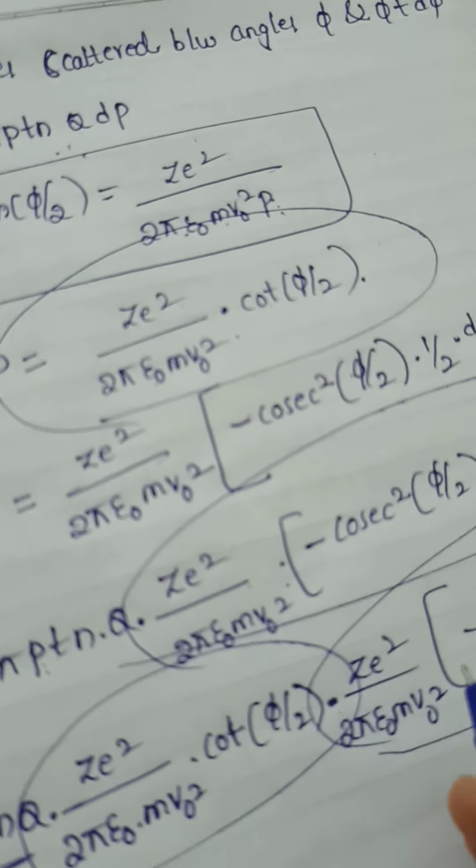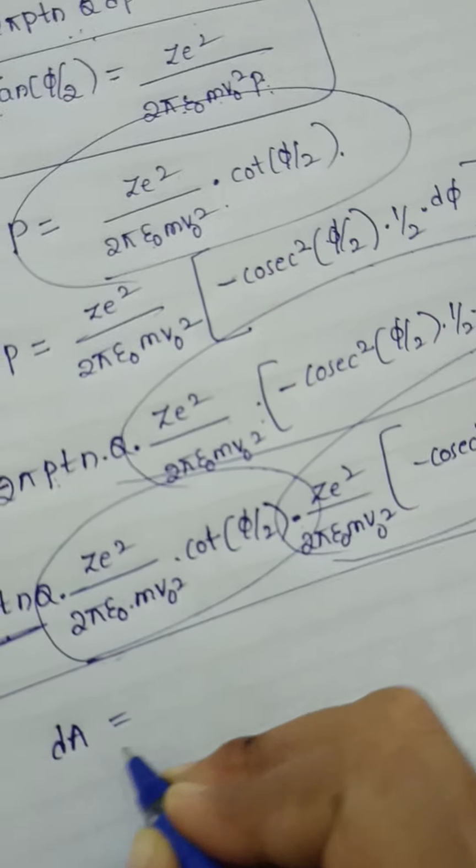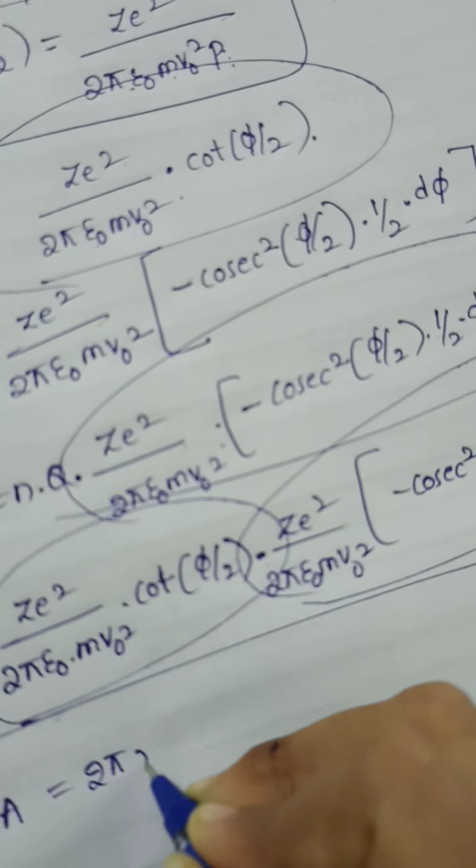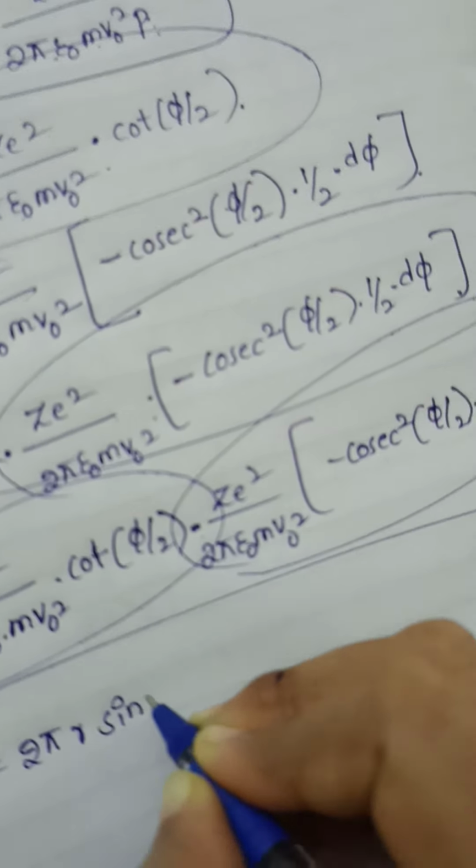That is why I am writing the surface area, given by dA. The dA value is 2 pi r sin pi r d pi, that is 2 pi r square sin pi d pi.